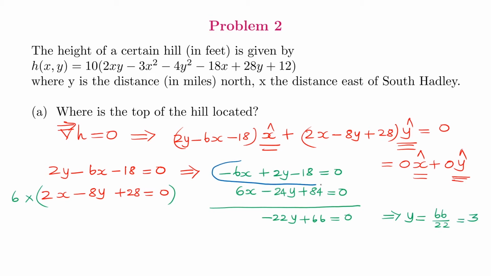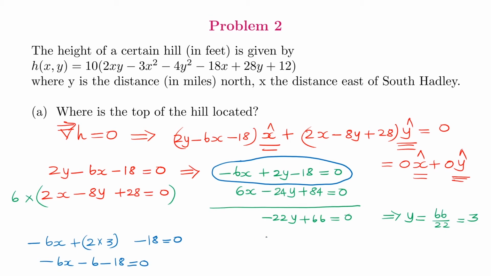Now we substitute for y to get x. That is minus 6x plus 2 times 3 minus 18 equal to 0. That is minus 6x minus 6 minus 18 equal to 0. This gives minus 6x minus 12 equal to 0, or x equal to negative 12 divided by 6, that is equal to minus 2. So these are the coordinates for the top of the hill.